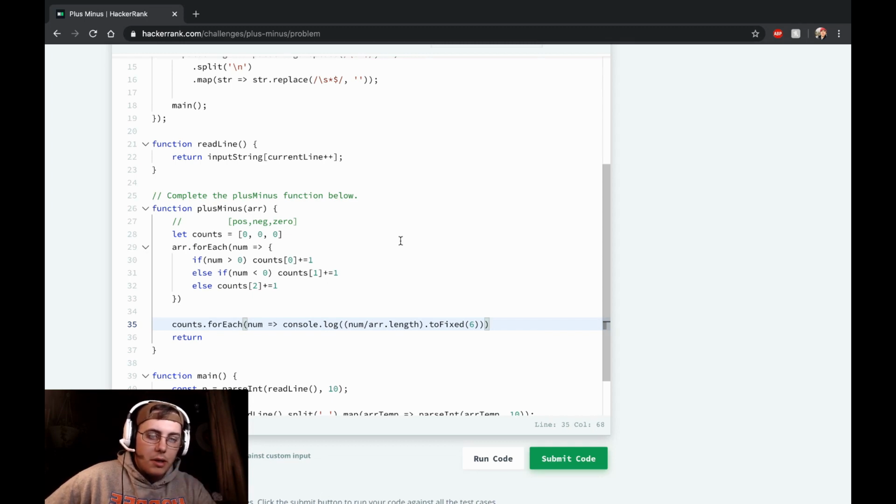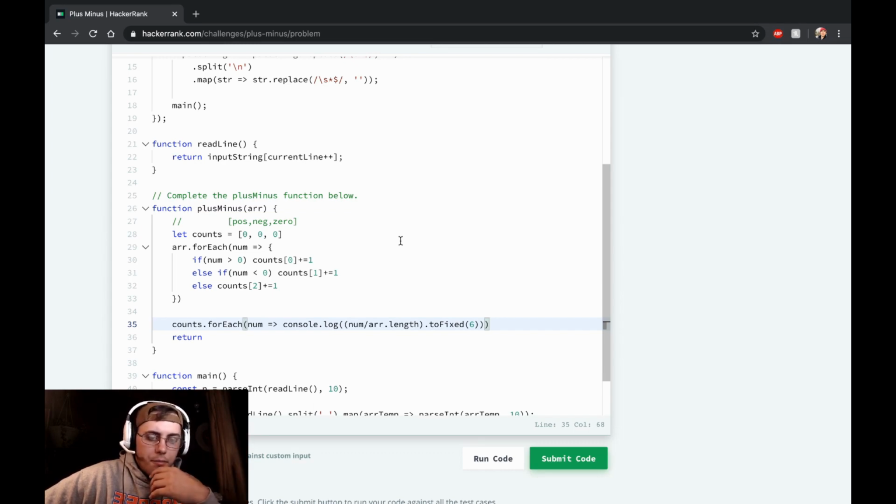There's no fourth option. And then once that loop is done, I loop through my counts array and just console log the operation there: num divided by array.length toFixed 6.